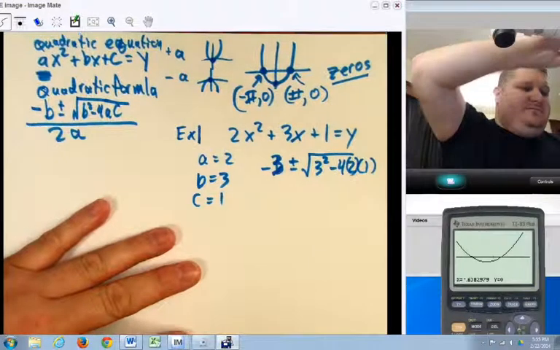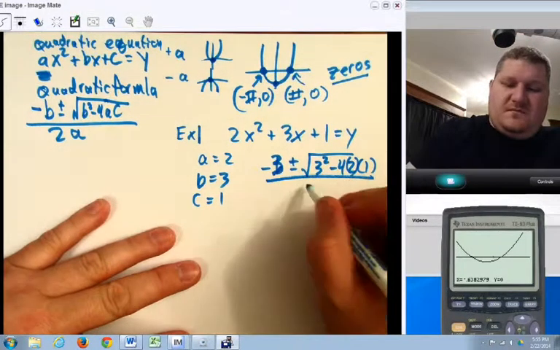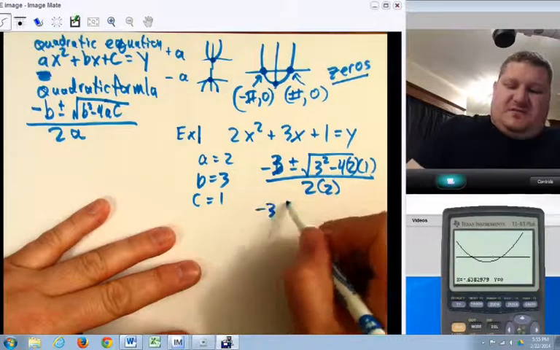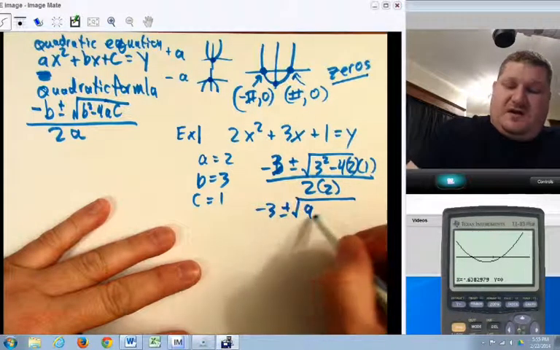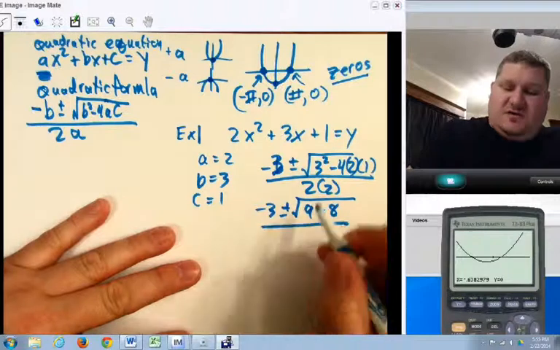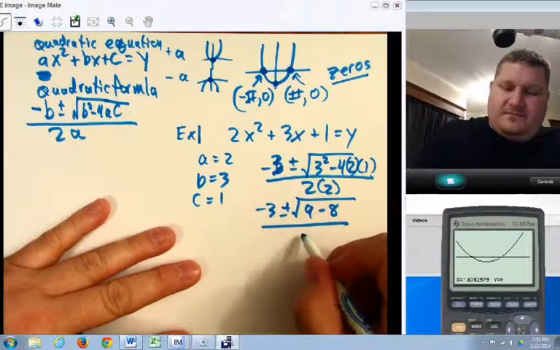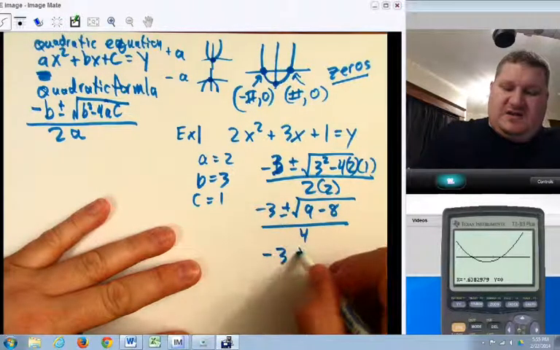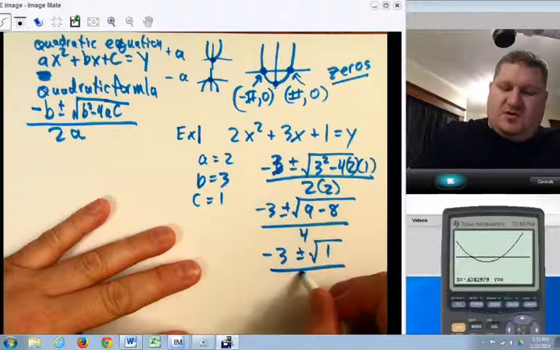Now, all over 2 times 2. So we say negative 3 plus or minus the square root of 9 minus 8, all over 4. Now, 9 minus 8, of course, is 1, so we have negative 3 plus or minus the square root of 1 all over 4.